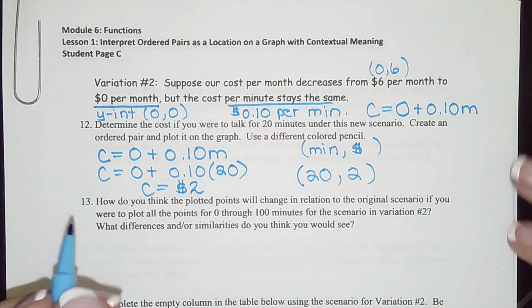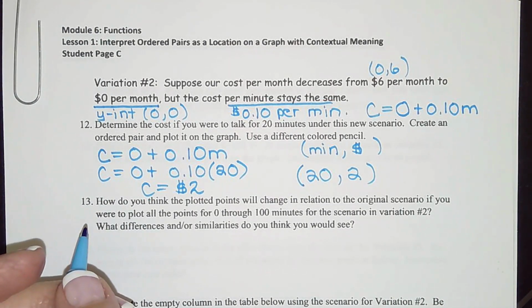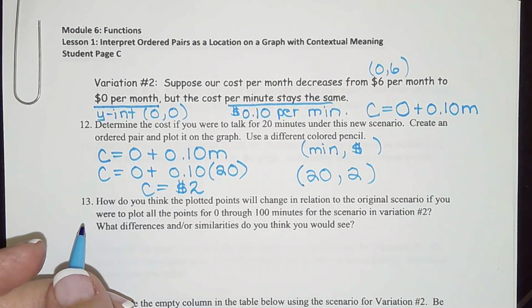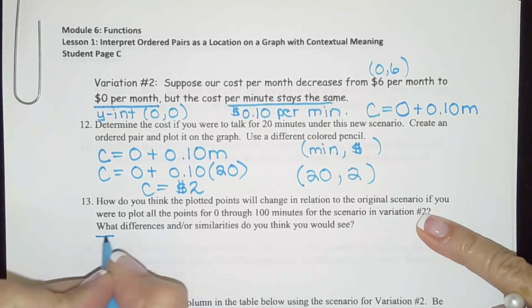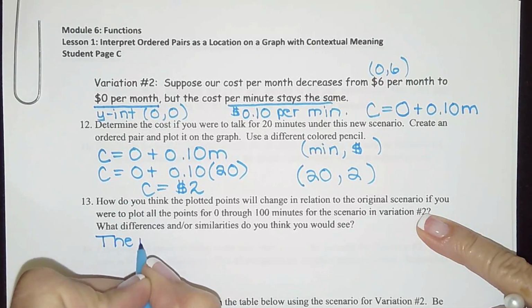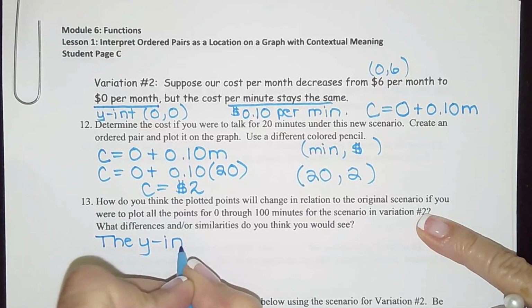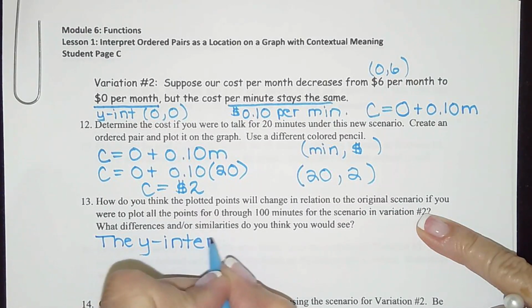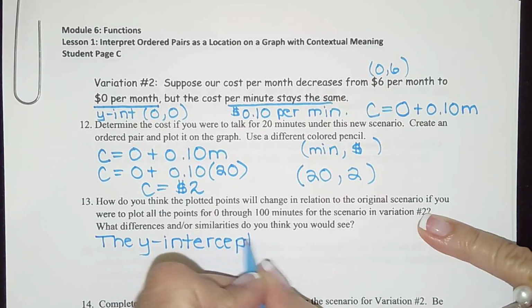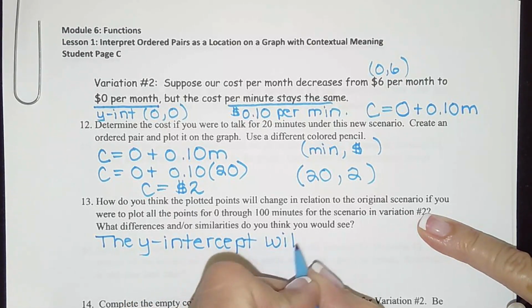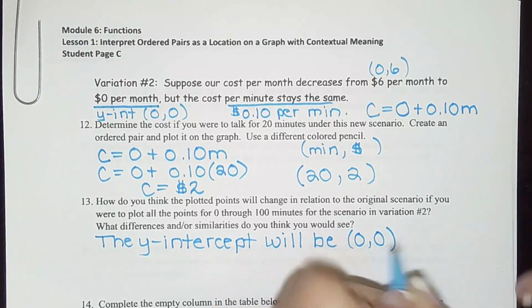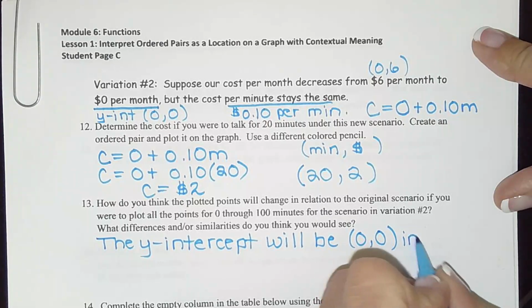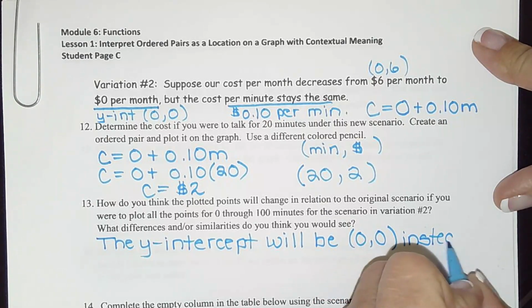So we could say the y-intercept will be 0, 0 instead of 0, 6.